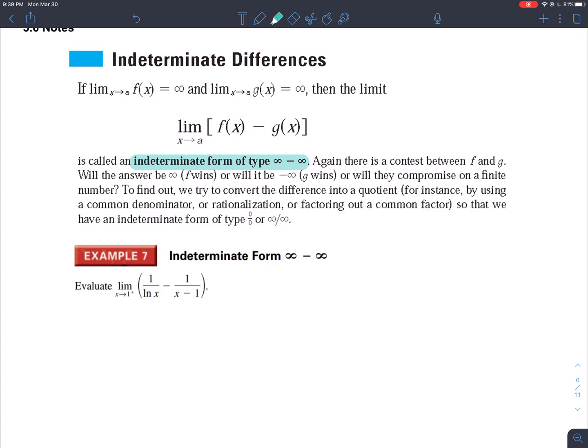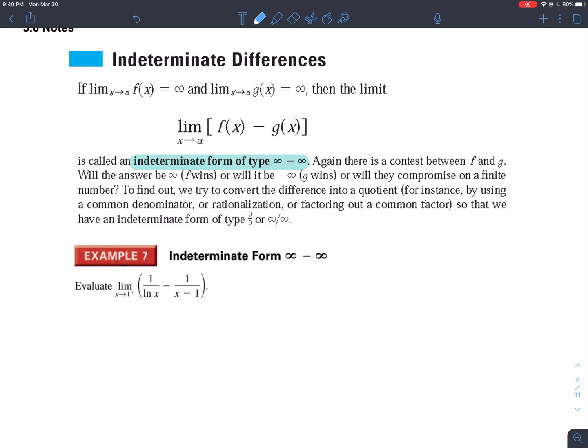If both pieces approach infinity, right, it's infinity minus infinity. And that is indeterminate. We don't know which one of them is bigger, which one of them wins. If the first infinity is bigger than the second, then we're going to get a positive infinity. If the second infinity is bigger than the first, then we're going to get a negative infinity. So we're not sure. And this indeterminate difference, this battle, has to be solved using a different strategy.